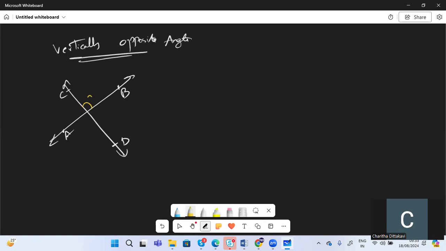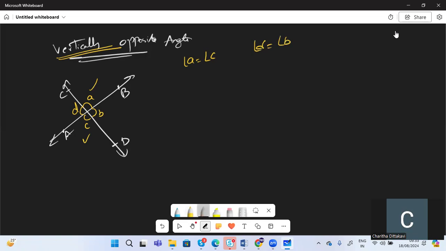Observe here, angle A, B, C, and D. As the name indicates, vertically opposite, I would say angle A equal to angle C. A is opposite to angle C, and same is the case with D and B. Angle D will be equal to angle B. So these are vertically opposite angles.